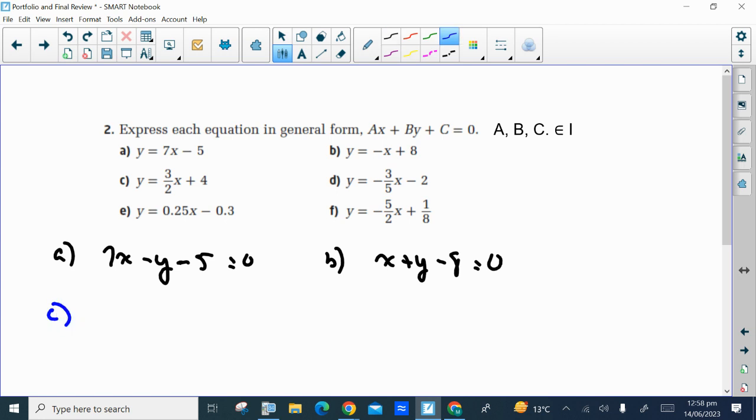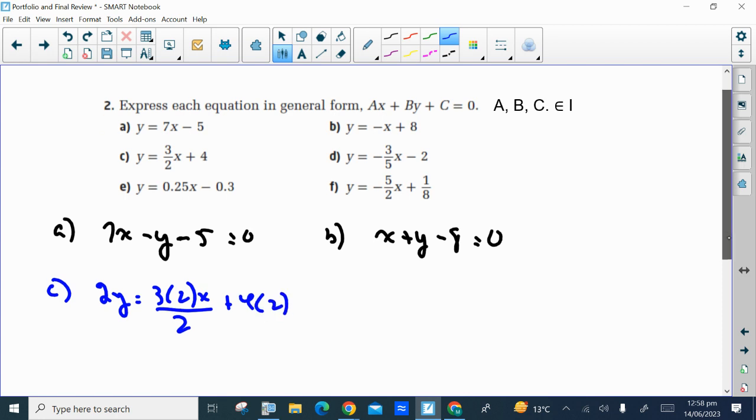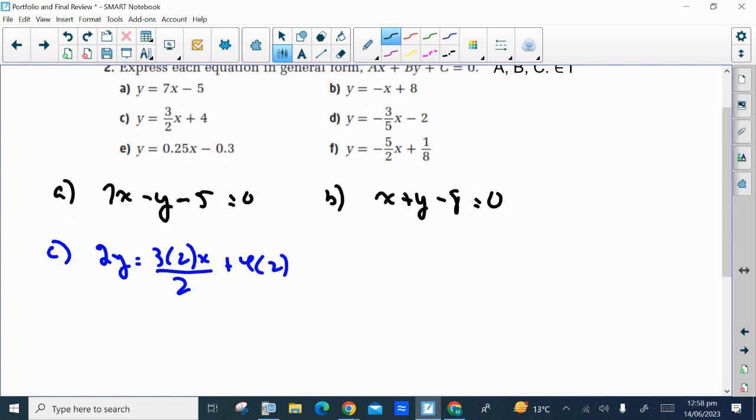Question C, there's a fraction there, a denominator of 2. We get rid of that by multiplying every term by the common denominator. We're going to multiply every term by 2. Multiply every term by 2. And then what happens is that the 2's cancel for the x term.